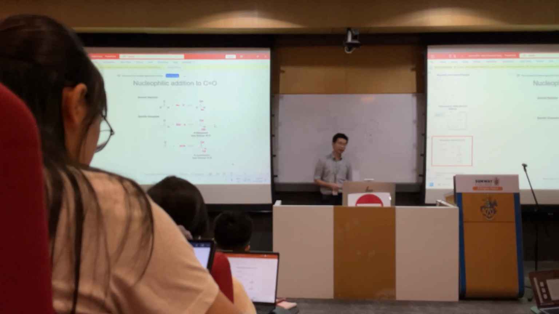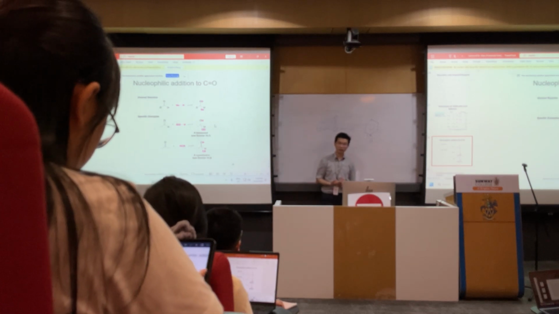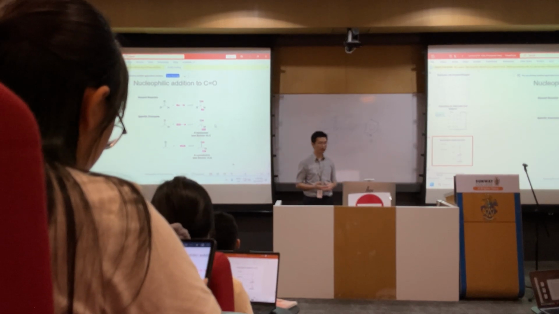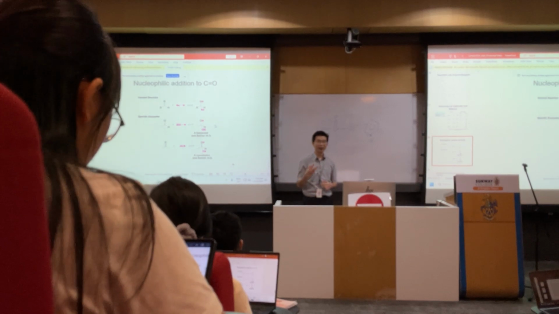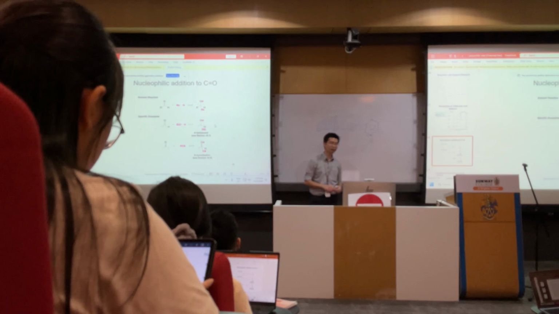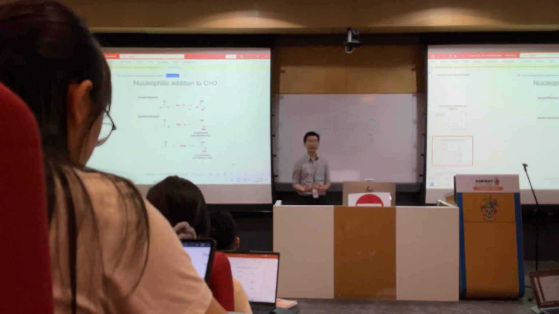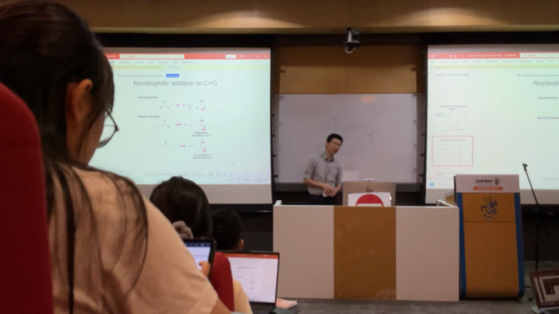So just now we learned about the oxidation and reduction, right? So now we have nucleophilic addition, just like SN1 and SN2 in the alkyl halides, in the presence of a nucleophile.